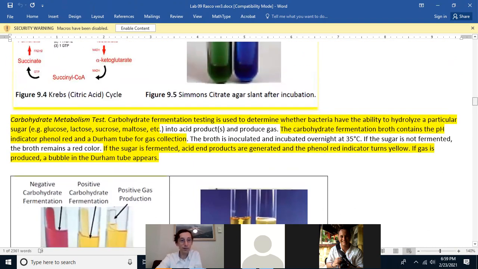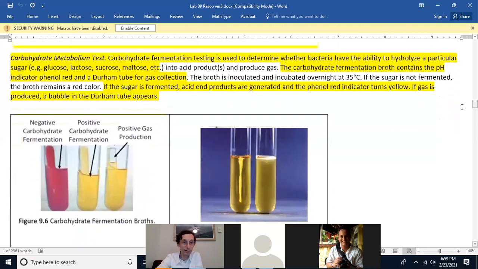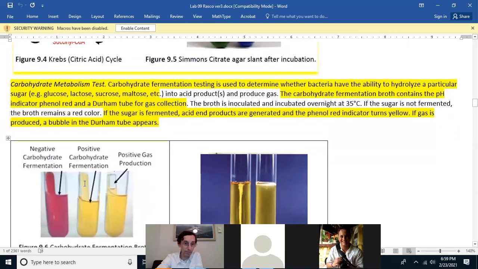Now, in the carbohydrate metabolism test, also called the carbohydrate fermentation test, you could get fermentation with the production of acid but no bubble in the Durham tube, or you could get acid produced with a bubble.